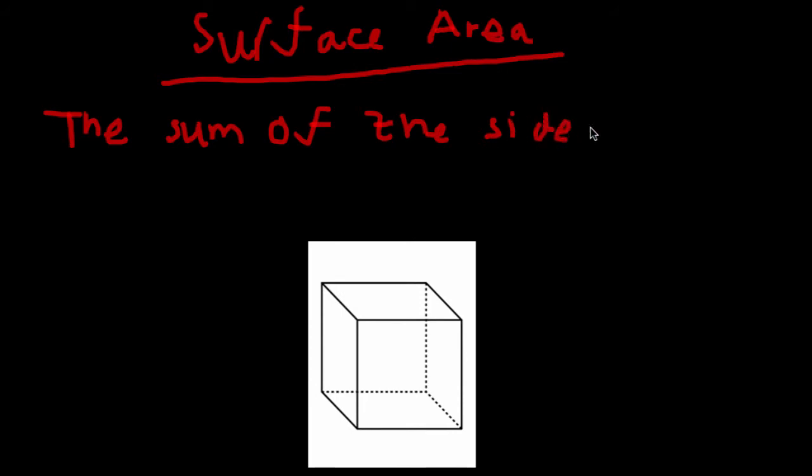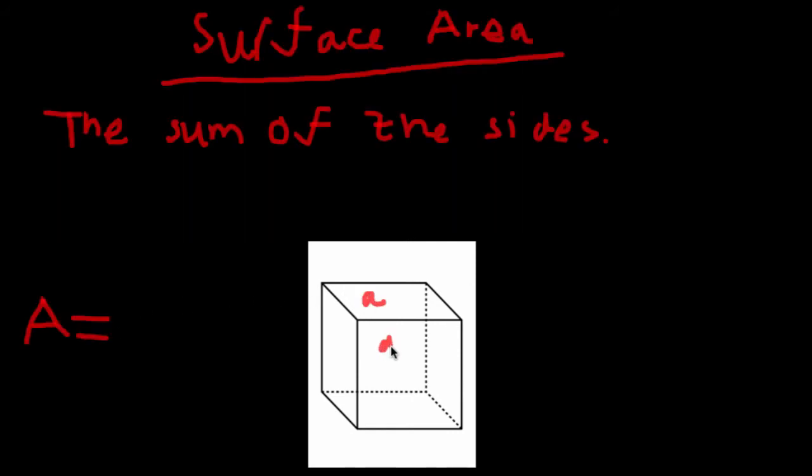So here we have a cube. So the surface area, or just area, would be the sum of all the shapes, the squares that we have here. So there are 6. So let's say each one is a.